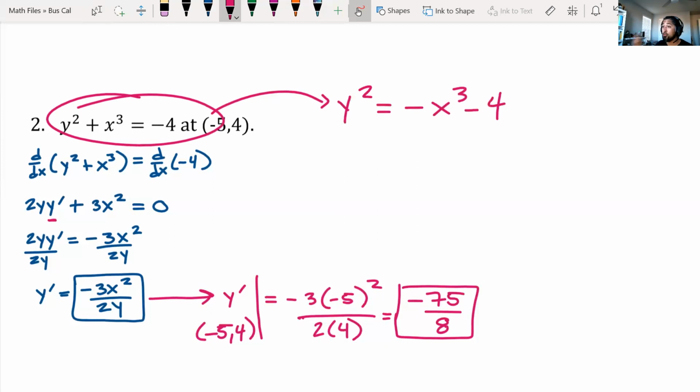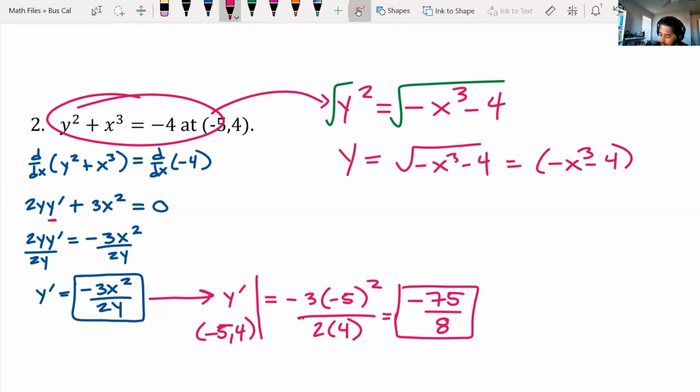And then in order to solve for y, I would have to square root both sides, which means I would get y equals the square root of negative x cubed minus 4. And now what we have just done is taken implicit form and put it into explicit form, the form that we know.